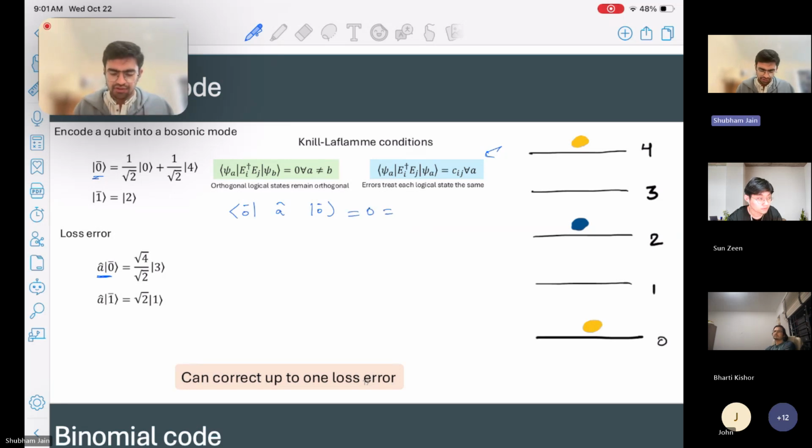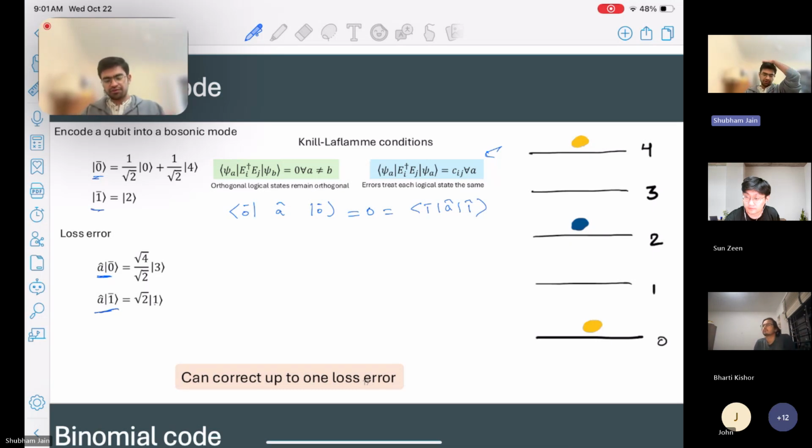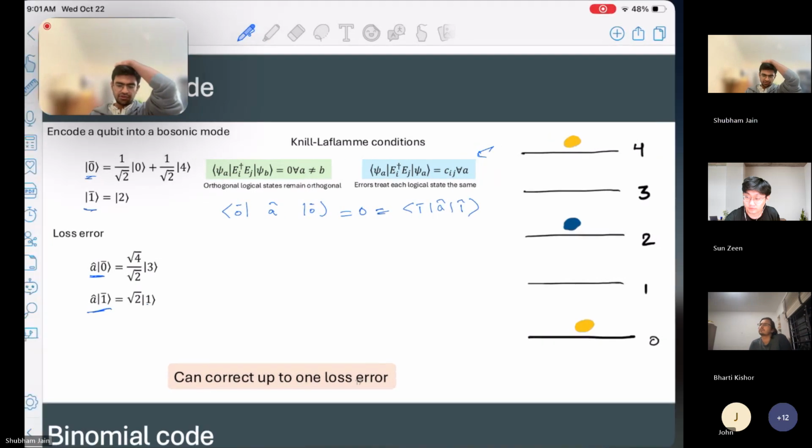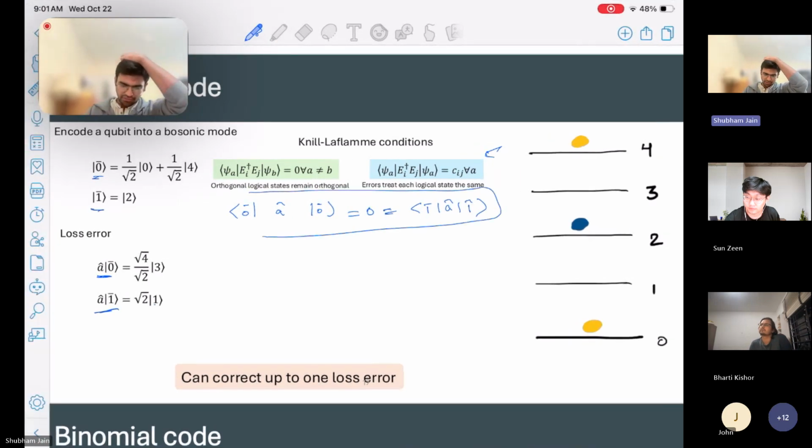This is 0, and this has to be equal to the same expression for the 1 logical state. And this is again easy to see by checking the overlap of this with this, where you have a Fock state number 1 and Fock state number 2 here. So this overlap is also 0. So we have this condition 1, and we need to check this.